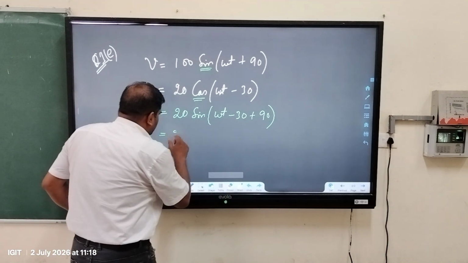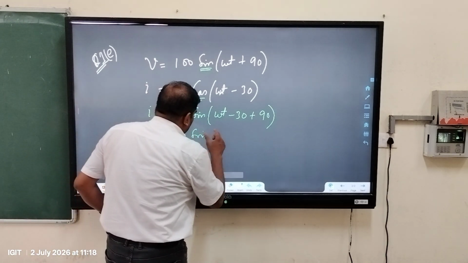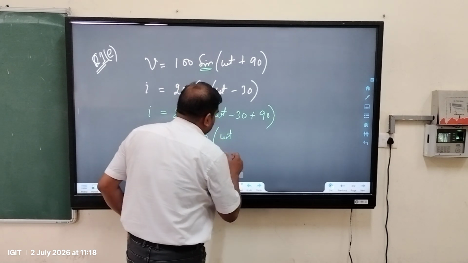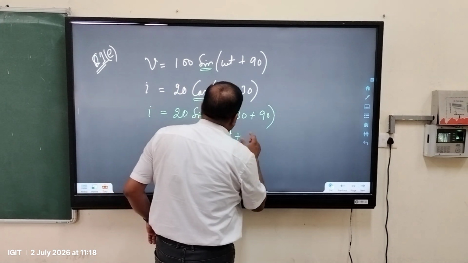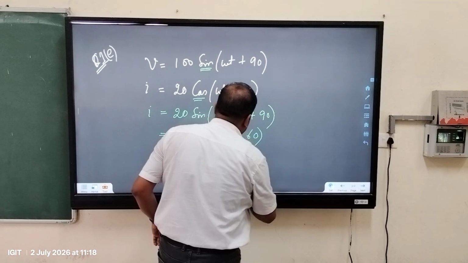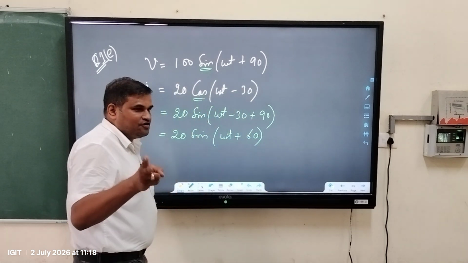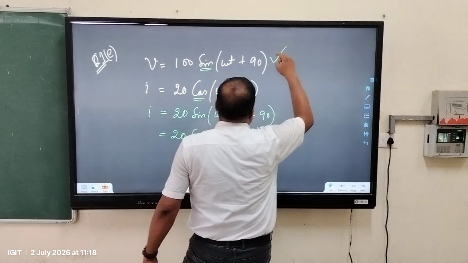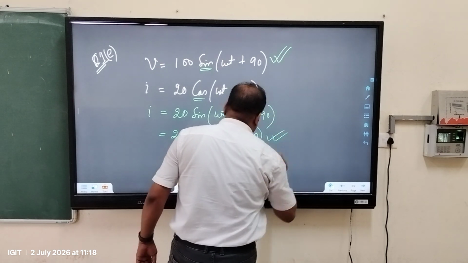So this value will be equal to 20 sine of omega t plus 60. So now you have got two equations. One is for the voltage, another is for the current.